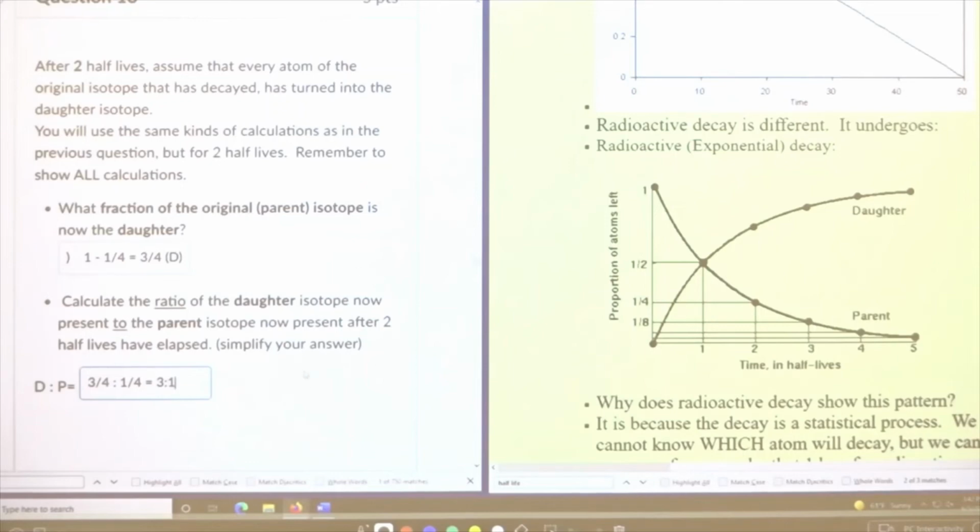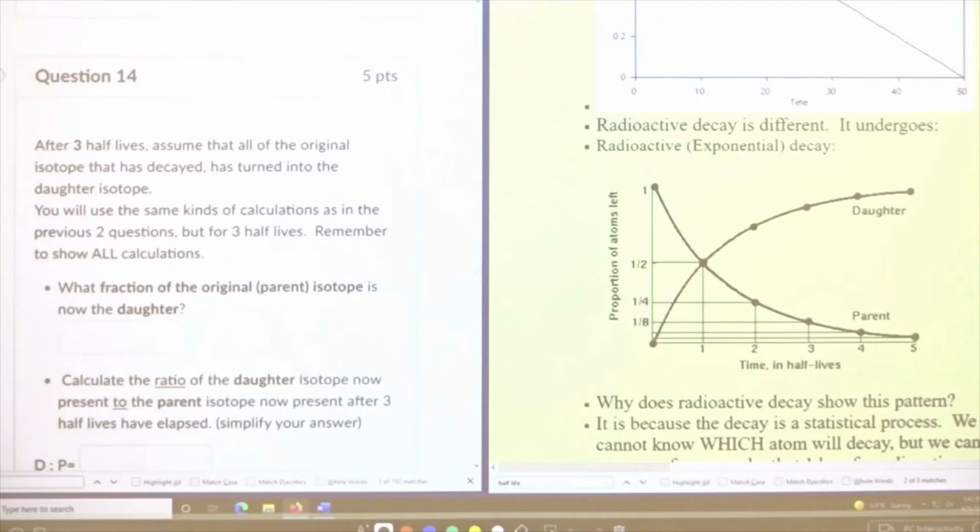Let's do it now for 3 half-lives. After 3 half-lives, we no longer have a half parent, or even a quarter parent, we have 1/4 divided by 2 equals 1/8, and that's the parent. And that means that the daughter is now everything else. So 1 minus 1/8 is 7/8.